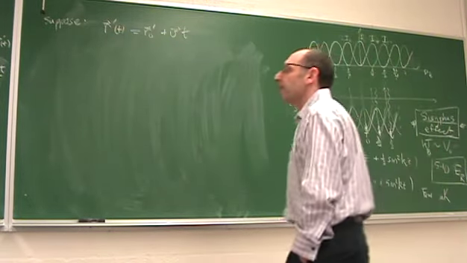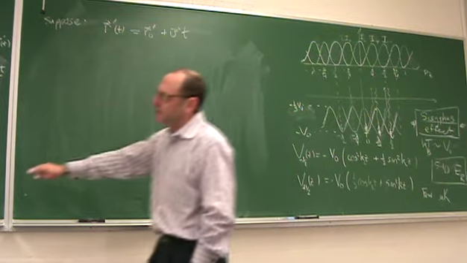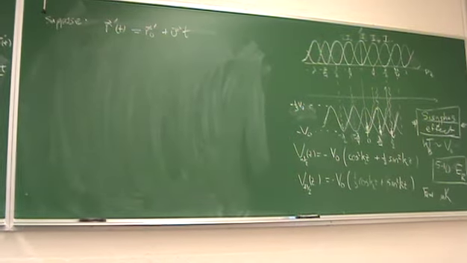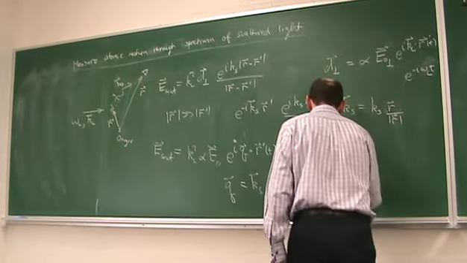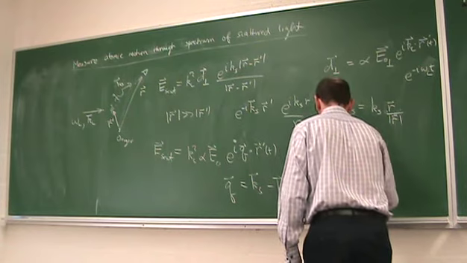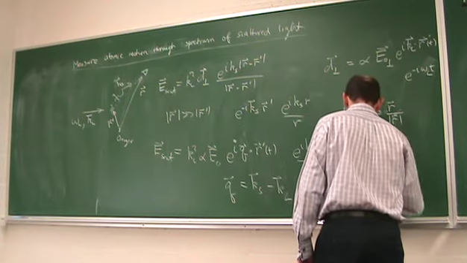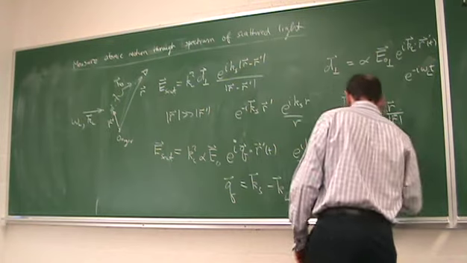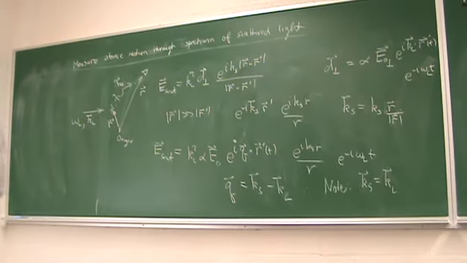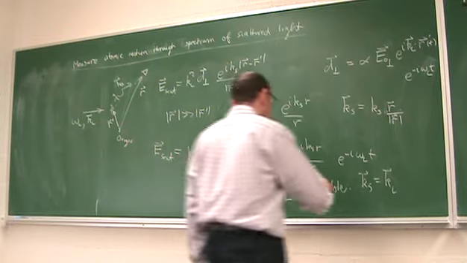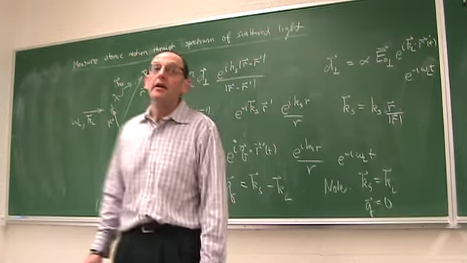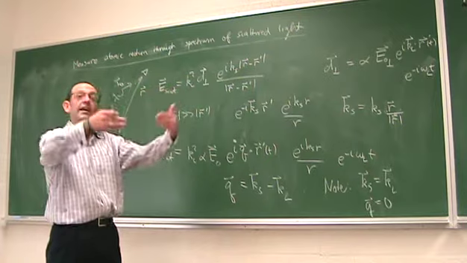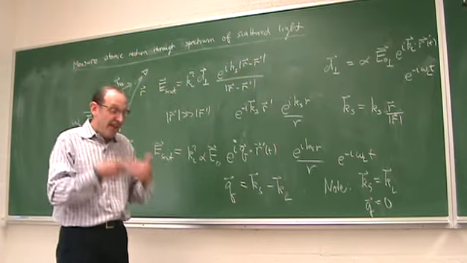I guess before I do that, I should say one thing right away. Notice that for forward scattering, that is to say, if the scattered wave vector is equal to the incident wave vector, then Q is 0. So forward scattered radiation is never phase shifted.